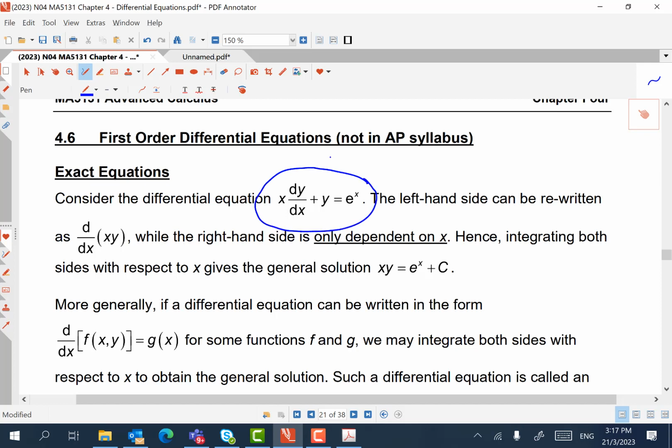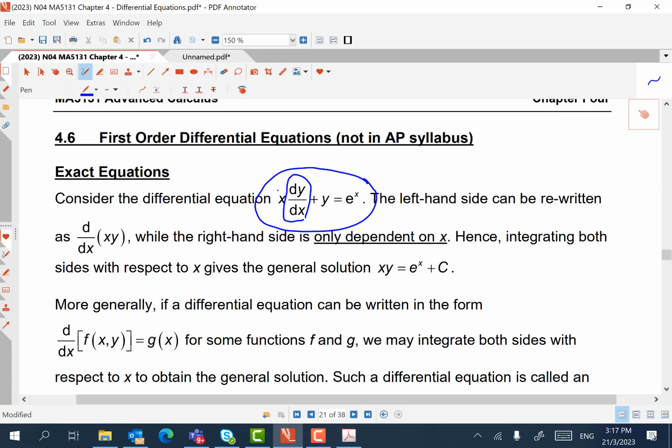It is first order because the highest derivative is the first derivative. It is linear because dy/dx and y are all to the power of 1. So if you have a DE like this, it is termed a first order linear differential equation.